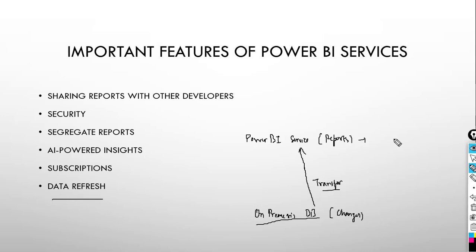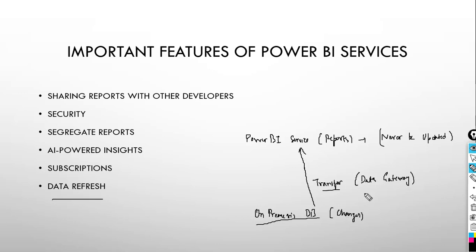Otherwise your report will never be updated because the database is present inside your company and this data is regularly changing. So these new changes you have to transfer to the Power BI service so that your report becomes the updated report. For transferring these changes, you need a software. That software is known as a data gateway.